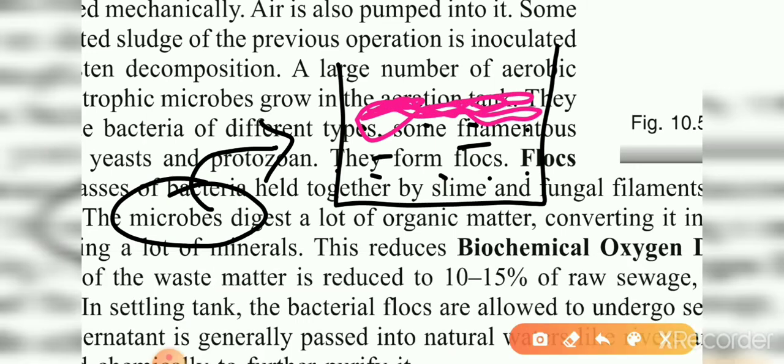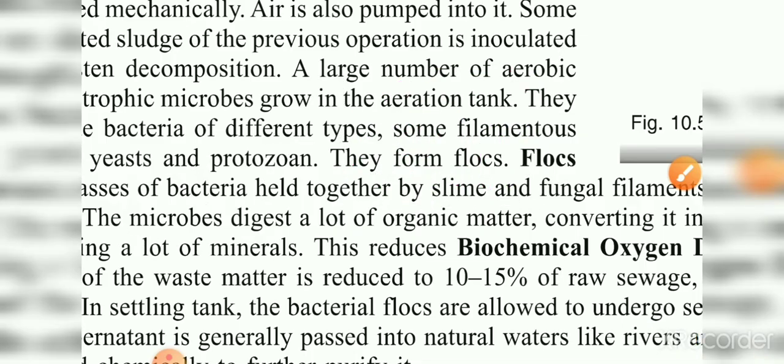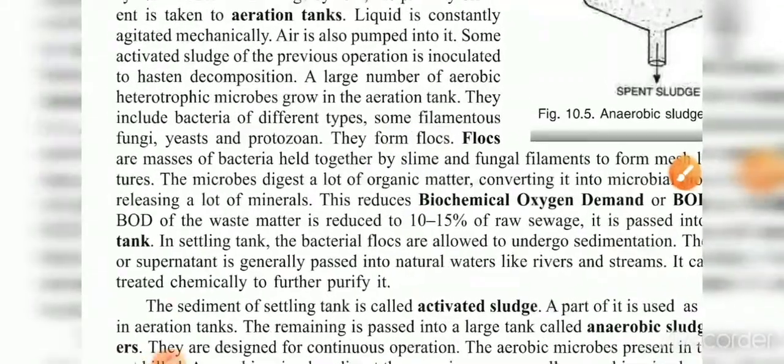These microorganisms will start aerobic decomposition of organic matter present in the primary effluent. What will these microorganisms do? They will start decomposing the organic matter present in this primary effluent.